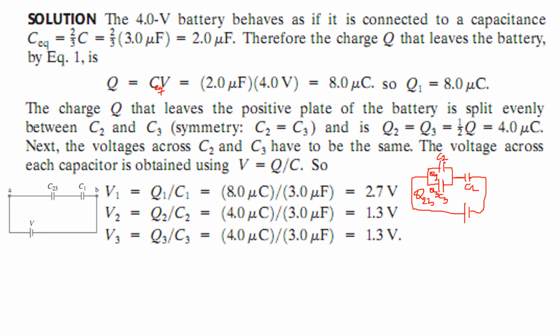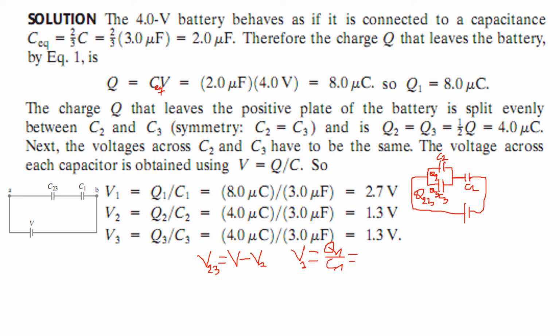Then we may determine the voltage of the parallel connection, V23. This is equal to the voltage at the terminals of the battery minus the voltage at the terminals of the first capacitor. The voltage across the first capacitor equals the charge stored in capacitor 1 divided by capacitance 1.